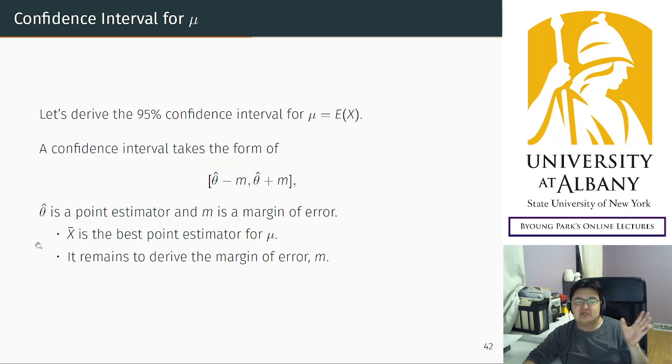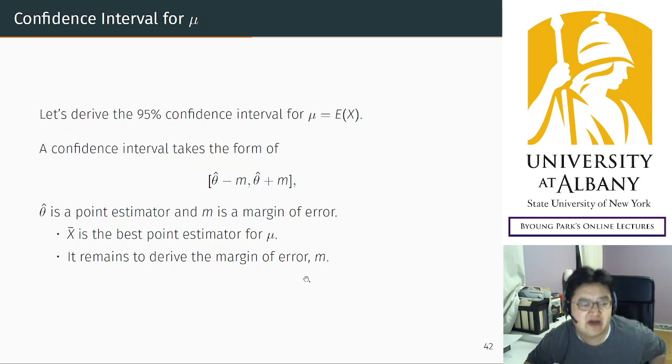The sample average x bar is the best point estimator, so you don't need to worry about this. So the point estimator is also naturally chosen, and the only thing you have to calculate is the marginal error m. Then you get a confidence interval in this framework. I'm going to show you how to calculate the marginal error in the next video. See you there.